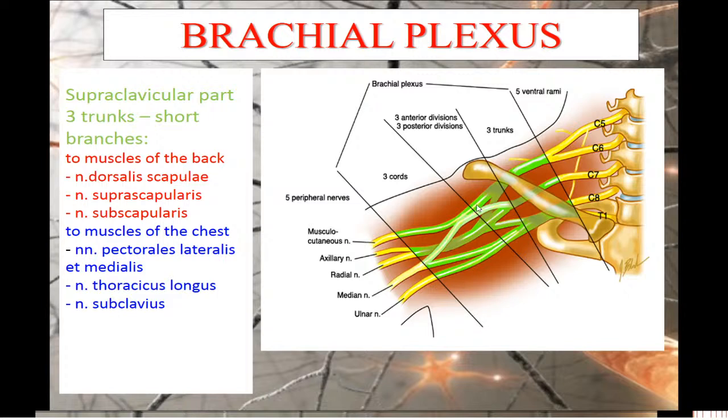This knowledge about the formation of the cords is quite useful to understand which segments participate in the formation of this nerve.